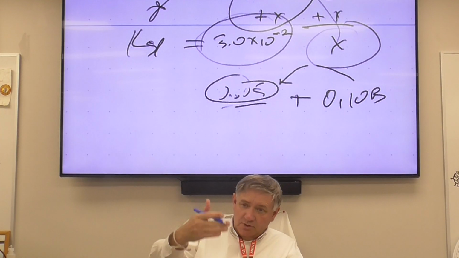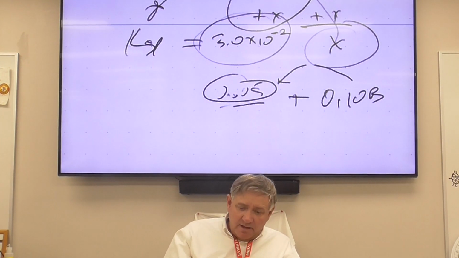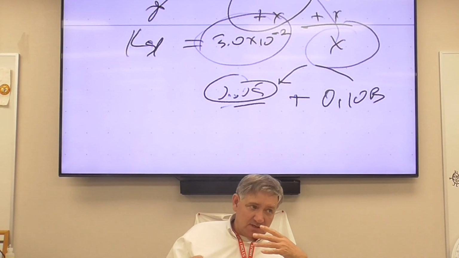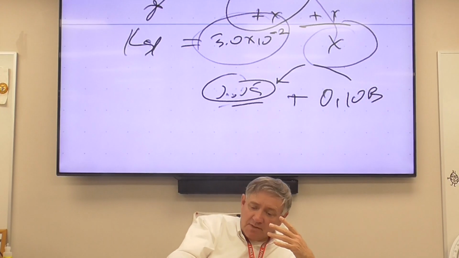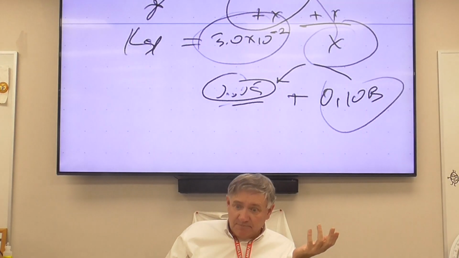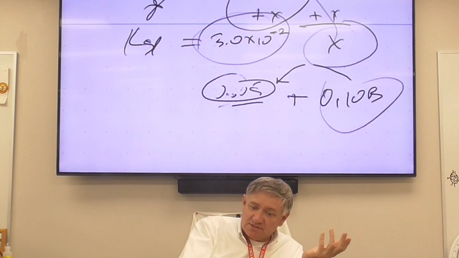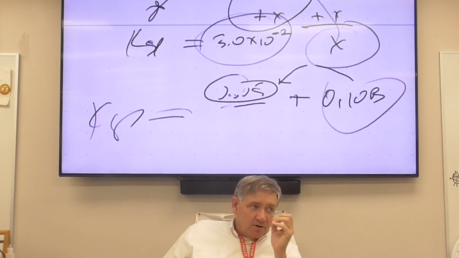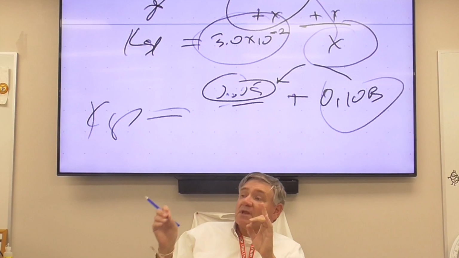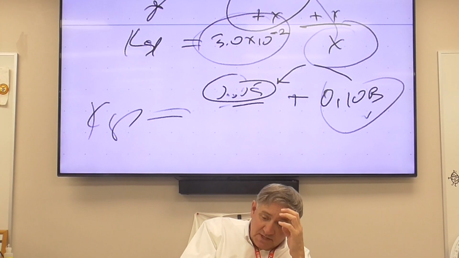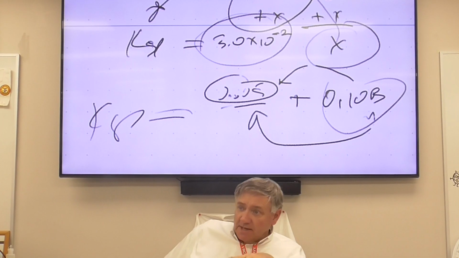The only time you could do that is if you said, hey, we're trying to find the KSP. At equilibrium, this is the concentration of my bromide ions. Find the concentration of the silver ions and then calculate the KSP. So here it's a subtle difference.